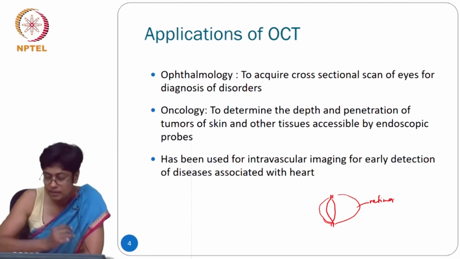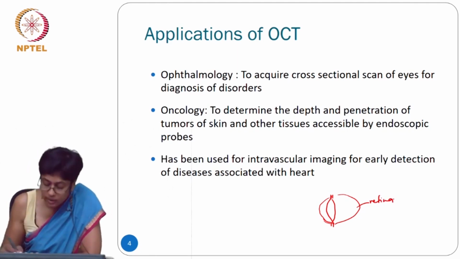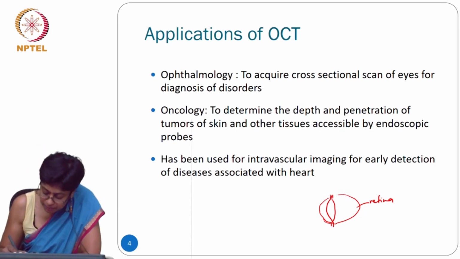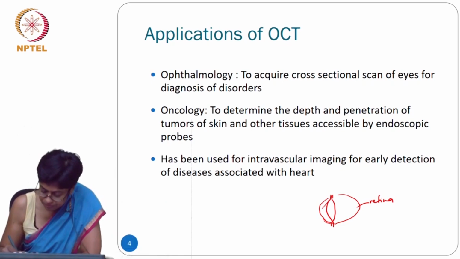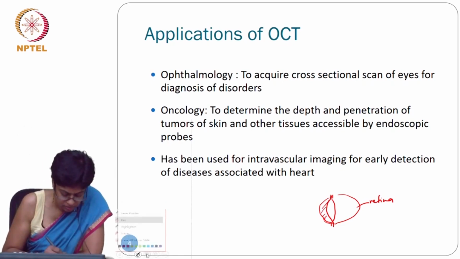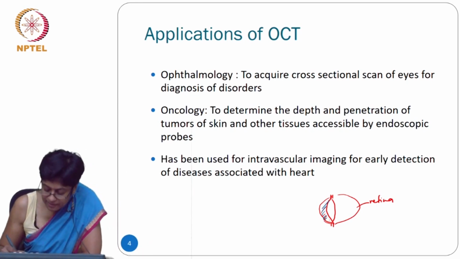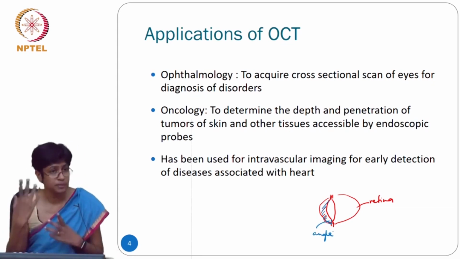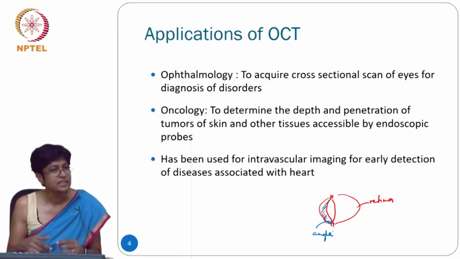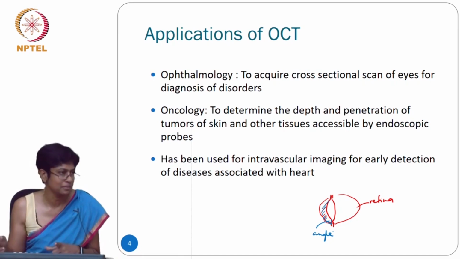So, I can either image the retina, or I can use OCT to image this region, right, this region, and thereby measure this angle. And it turns out that angle changes when the pressure in your eye changes, and that is an early warning sign of diabetes.